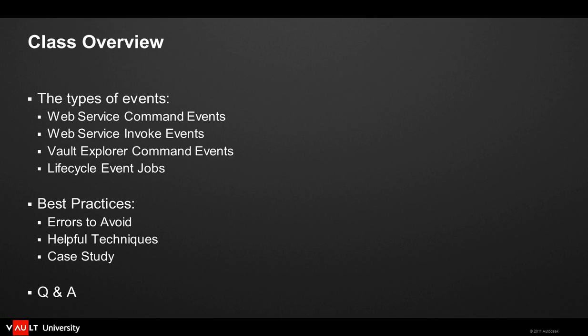Then I've got a case study to go over that illustrates a lot of these points. Q&A will be done at the end. If you have a question at any time, feel free to type it in the questions box, and I'll get to them at the end of the slide deck.